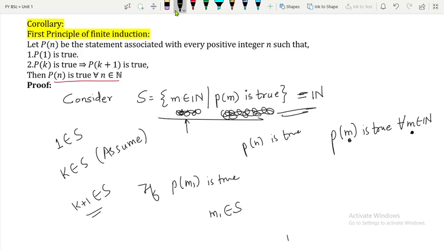This set is exactly equal to the set of natural numbers. That means I can say that P of m is true for all natural numbers m, and that is nothing but P of n is true for all n belonging to N. It is a matter of notation, use either m or n, that doesn't matter. Okay, is that fine? Let us then start with the proof.